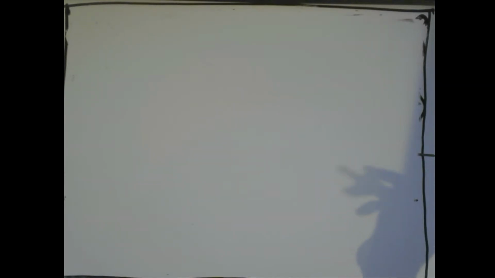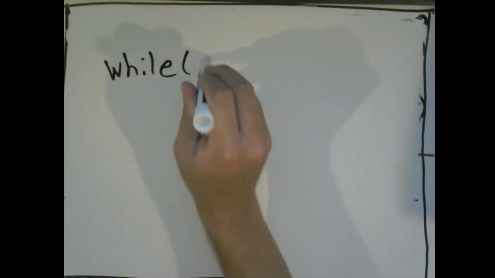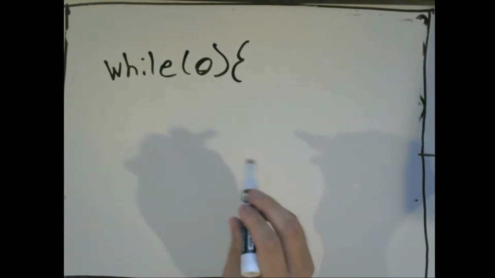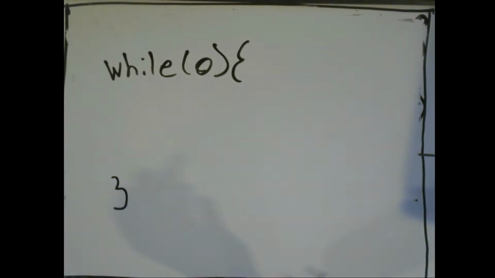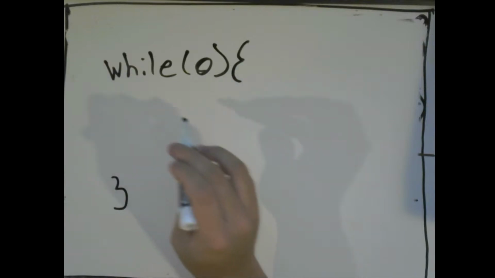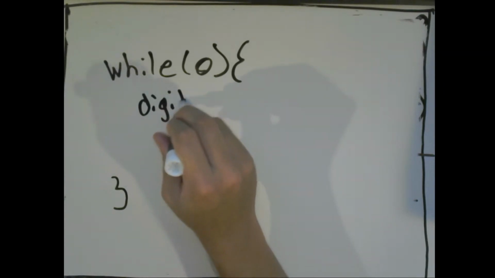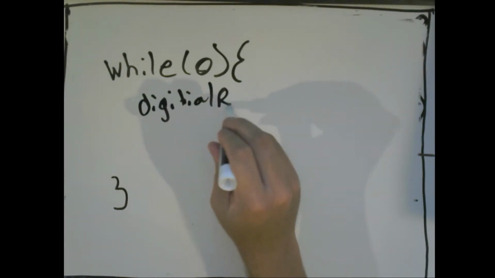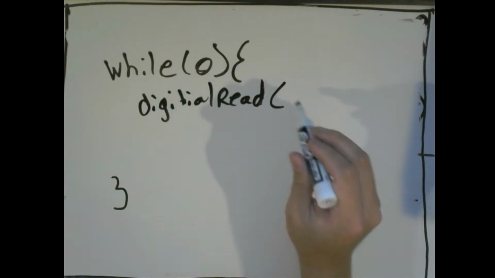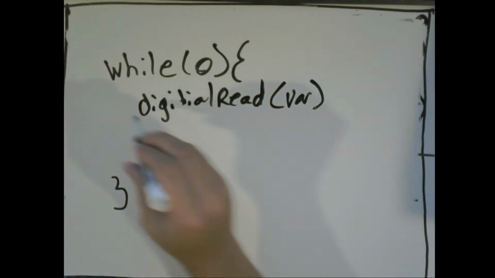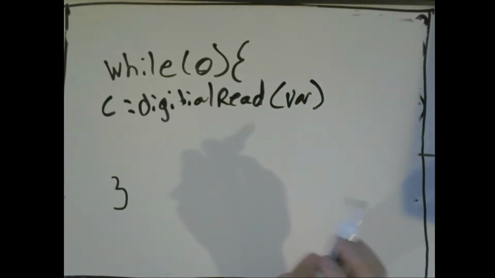But how polls work is it's CPU controlled, right? Typically, let's say we're talking about something in the C language. We have a while loop, and then some function like a digital read, like we have in Arduino, and some variable that's equal to it.